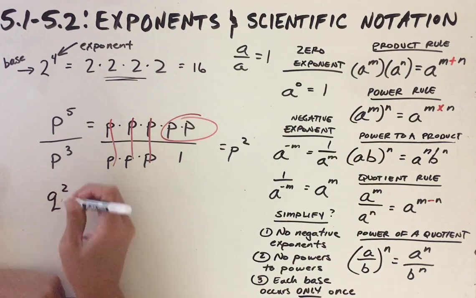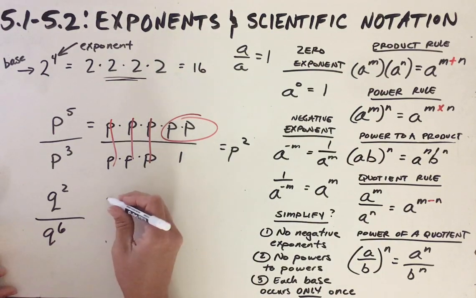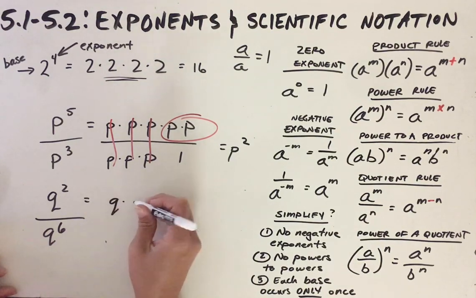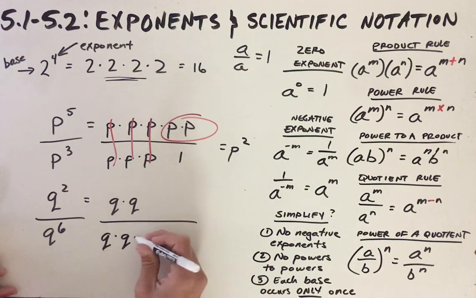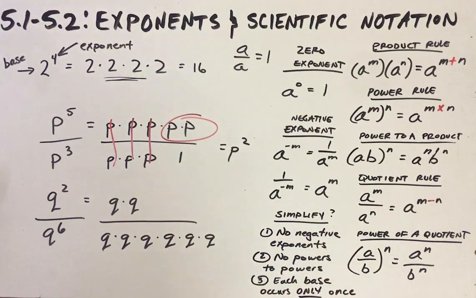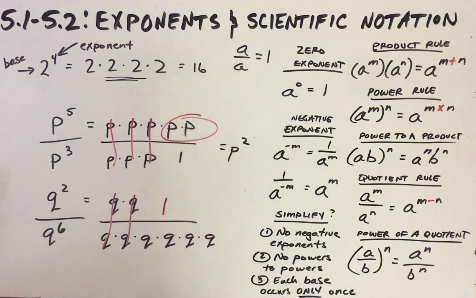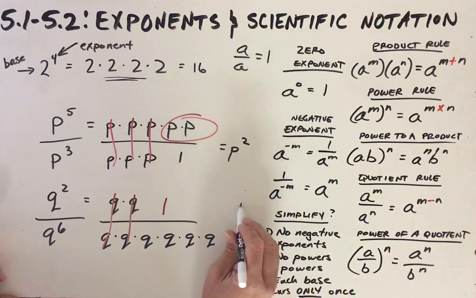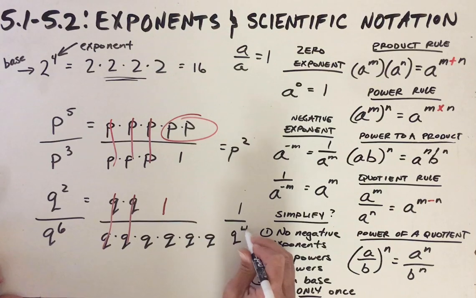q squared over q to the 6th? Well, q squared just means q times q, but q to the 6th means I have 1, 2, 3, 4, 5, 6 of those puppies, right? Well, if I were to cancel top to bottom, anything divided by itself is 1. Remember, I leave behind a 1. Then what do I have here? Well, I have 1 over 1, 2, 3, 4, q to the 4th.